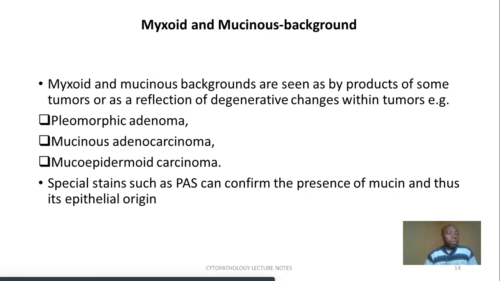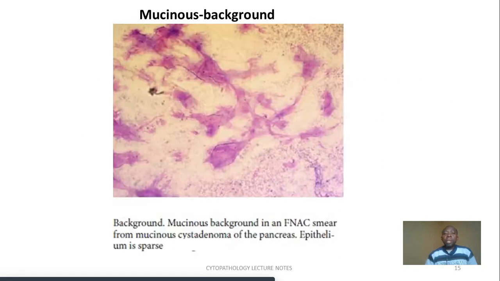For example, PAS can be used to confirm the presence of mucin. We all know that PAS is a stain of choice if you want to identify mucinous depositions in the cells or in the tissues. And this is very important even in this case if you want to confirm the presence of the myxoid background. Once we stain, it will stain red, and it will be a confirmation of the presence of that.